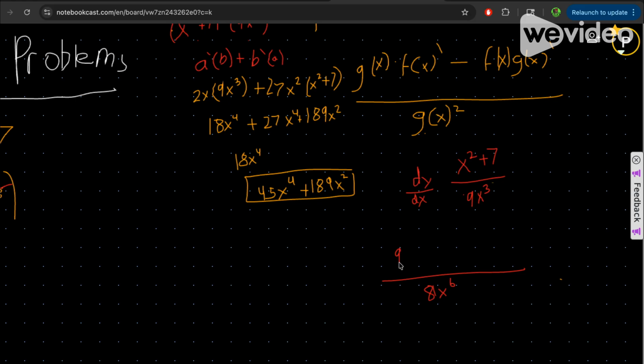We can say 9x cubed times the derivative of the top one, x squared plus 7, which we've already covered as 2x, minus x squared plus 7 times 27x to the 2nd.